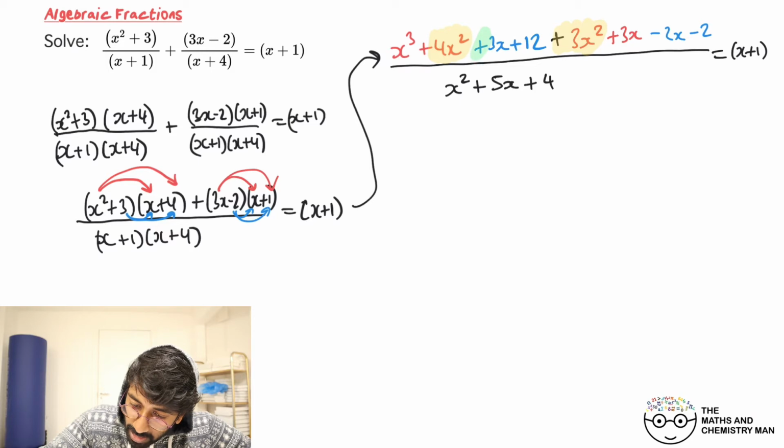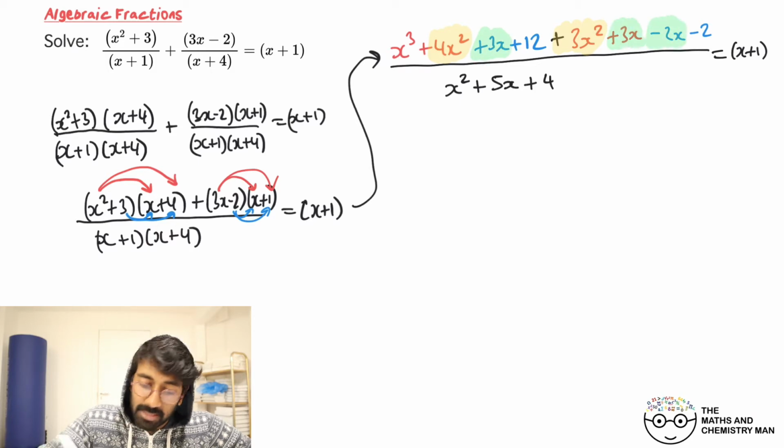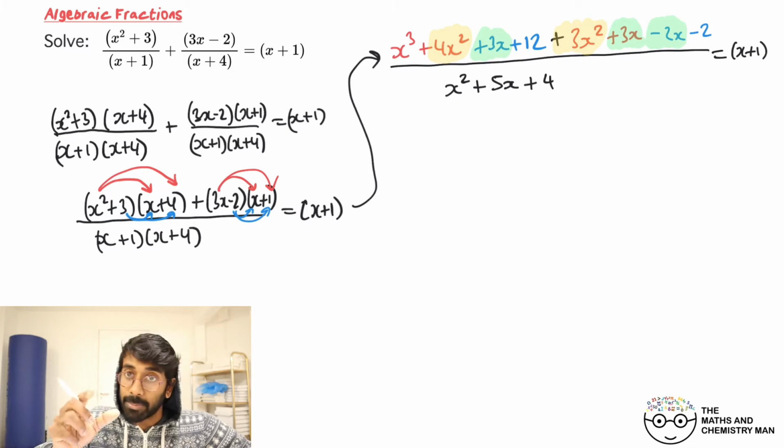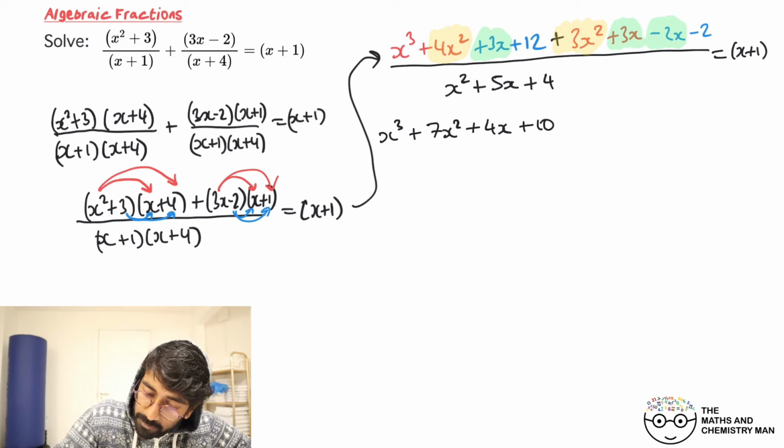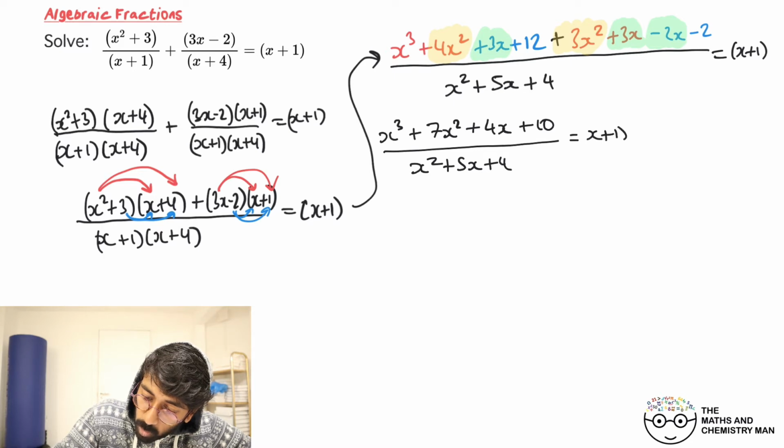And we've got a positive 3x, a positive 3x, and a negative 2x, so we can also neaten that up. Overall, we've got x cubed plus 7x squared, plus 4x, and then plus 10. On the bottom, we've got our x squared, 5x and 4, and on this side x plus 1.